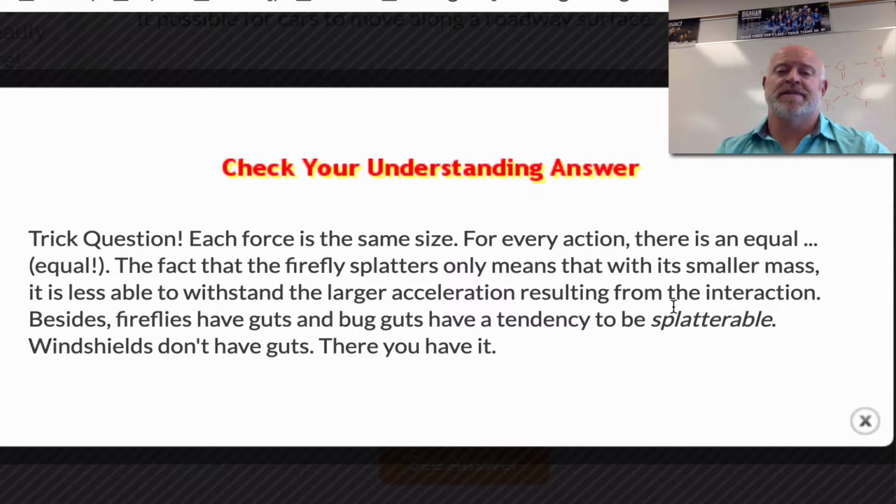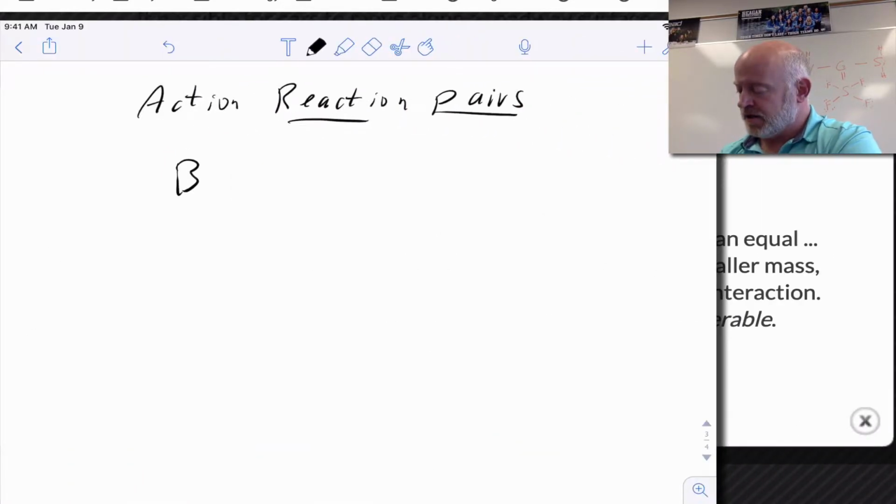That may seem weird because there's no way the bug feels the same amount of force as a bus. It does. The problem is the bug is tiny. The bug being so small, hitting a very, very big, massive bus, its acceleration is very different. I'll show you what I mean by that. We have our bug here, and we have our bus over here.